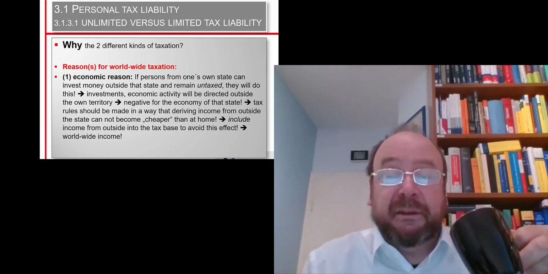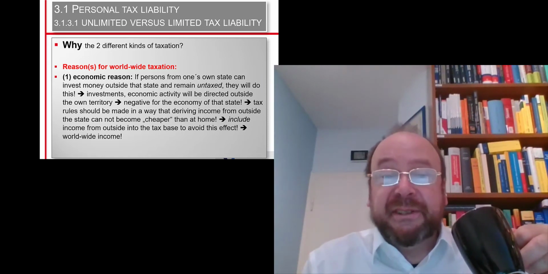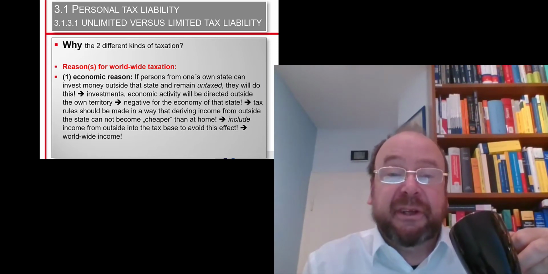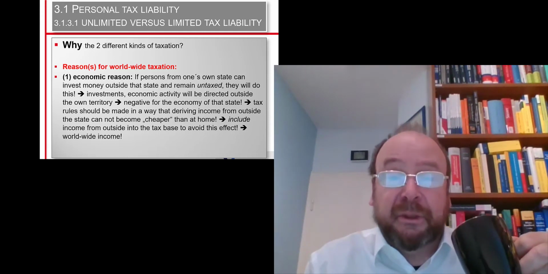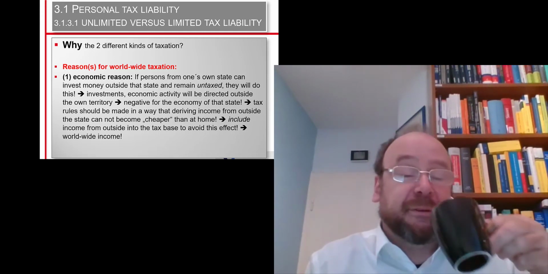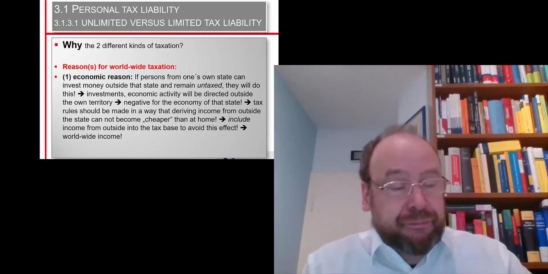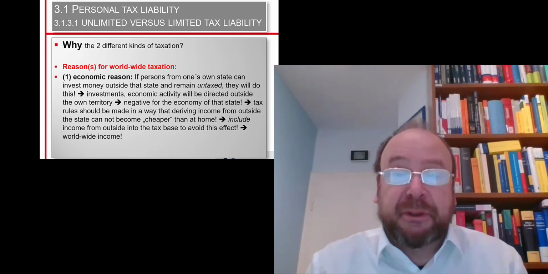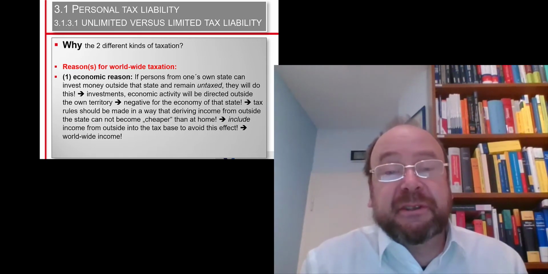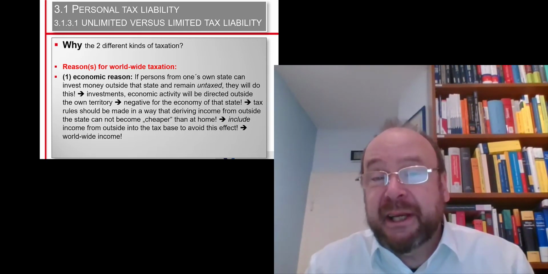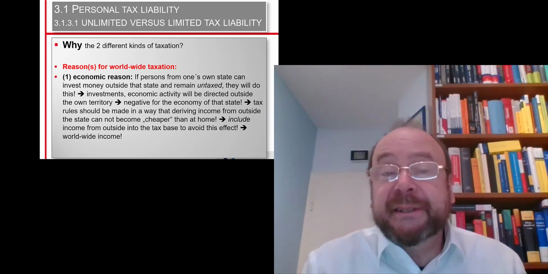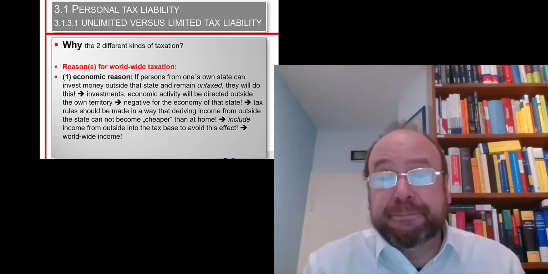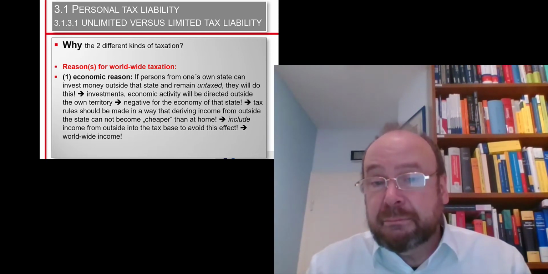So what does that mean? If you renounce on a worldwide income taxation, you give a strong incentive to your people to shift everything abroad and to ruin your own economy. You produce a capital flight. You produce shifting jobs abroad because all your people want to live in your country but want to earn their money elsewhere, and so on. So it's highly counterproductive to renounce on worldwide income taxation.